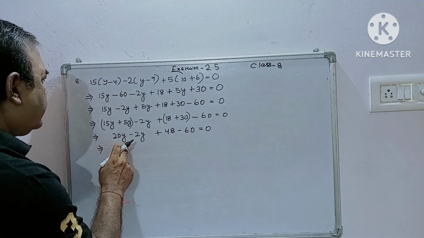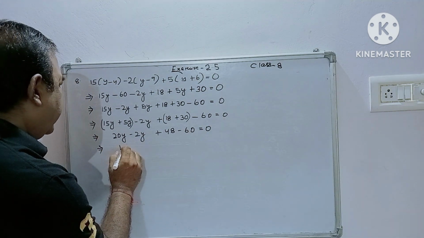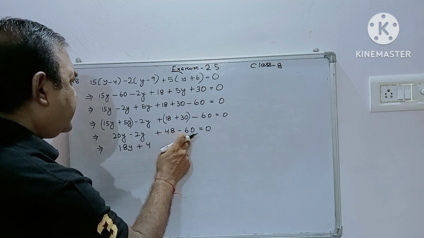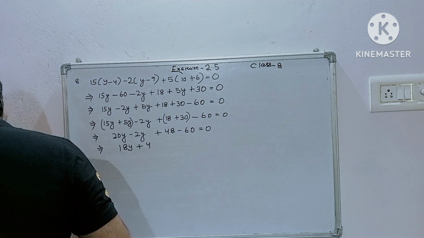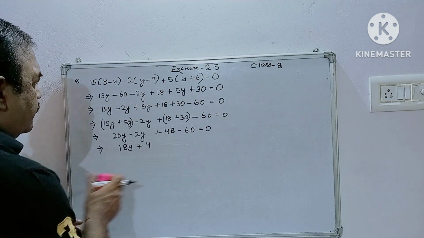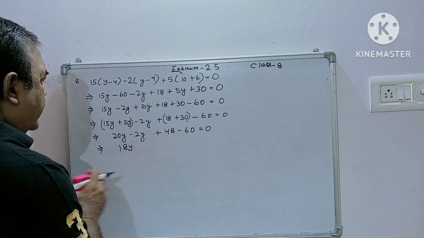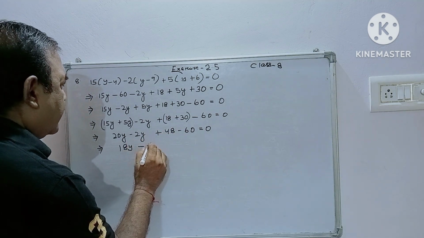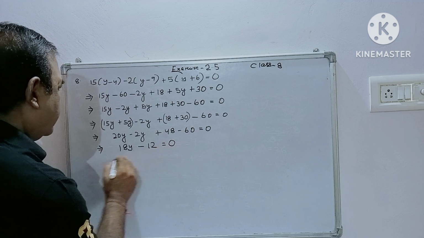That implies 20y minus 2y is 18y, plus 48 minus 60, that is minus 12, is equal to 0.